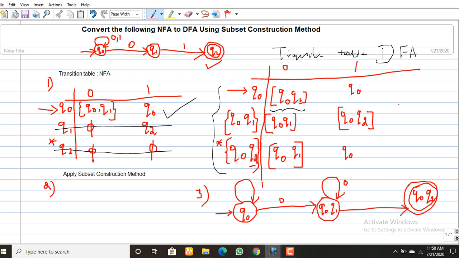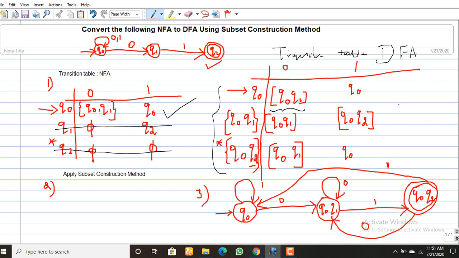From Q0, Q2 on receiving 0, it moves to Q0, Q1. On receiving 1, it moves to the Q0 state. This is your final DFA automaton.